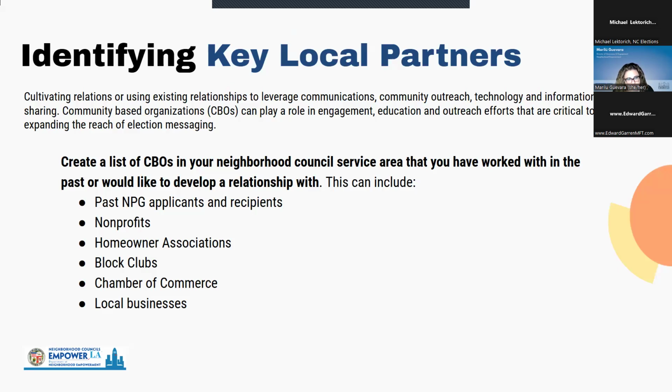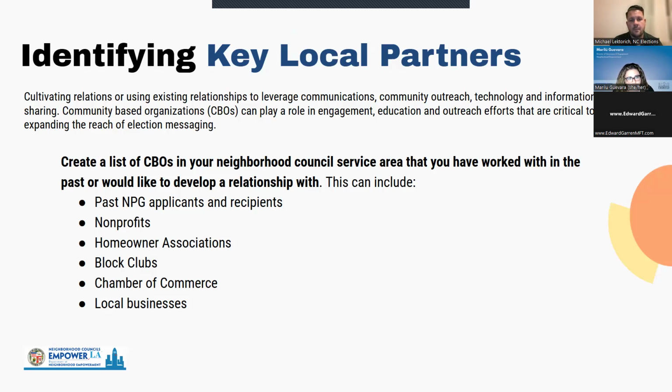We recommend that you as neighborhood councils, and we know that you are all volunteers, so obviously you can't do this citywide, but within your neighborhoods and within your role in the neighborhood council system, start creating a list of CBOs in your neighborhood, in your service area, that you've worked with in the past and developed a relationship with.